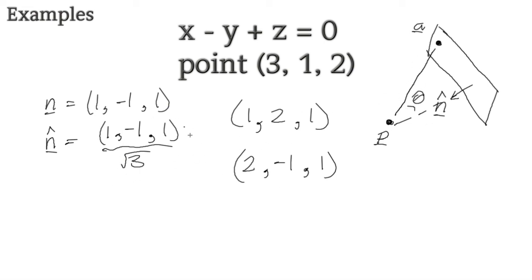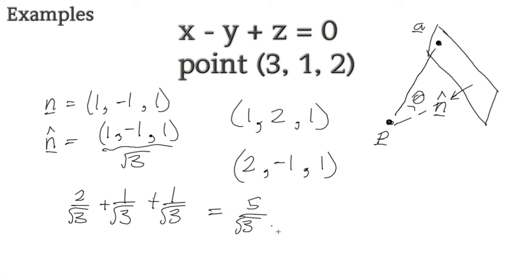So we dot this value with 2, minus 1, 1. That should give me 2 on root 3, plus 1 on root 3, plus 1 on root 3. That gives me 5 on root 3.